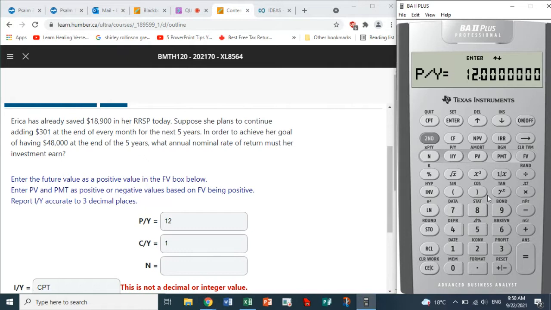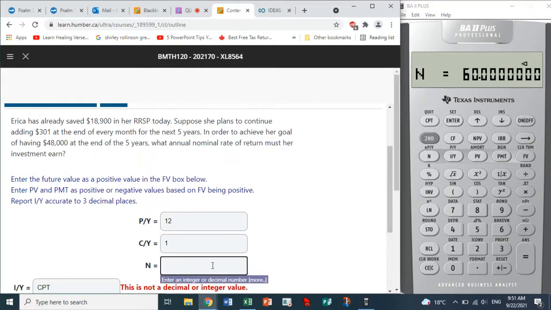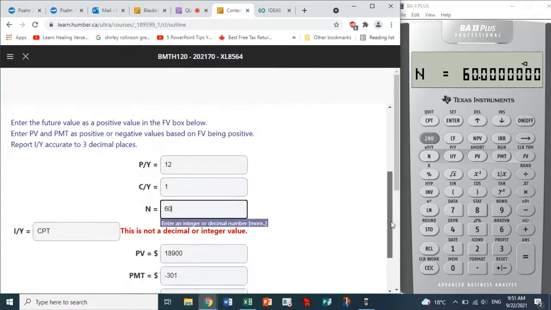PY is 12, so we enter 12. And CY is 1. Enter. So 12 and 1 come out of there, and it is for 5 years. So now we go 5, second, and N. So N is 60.